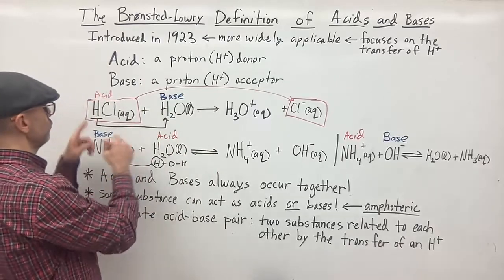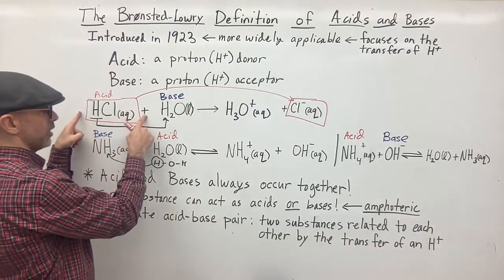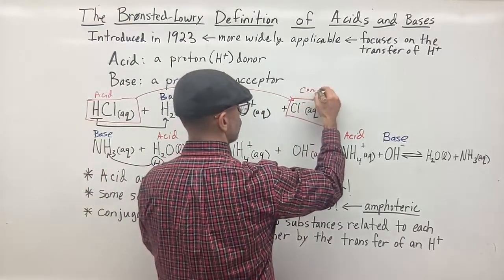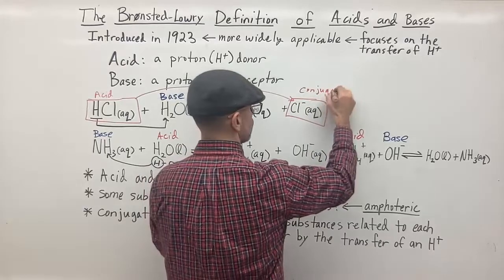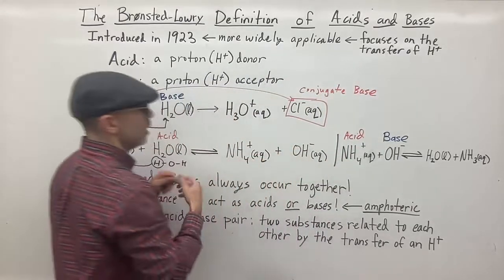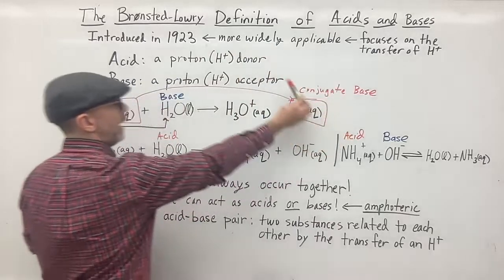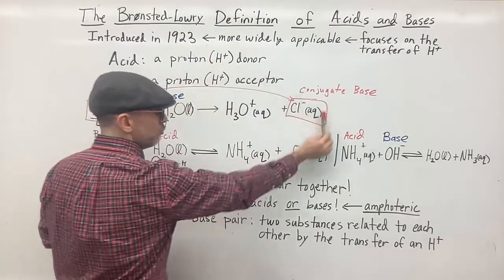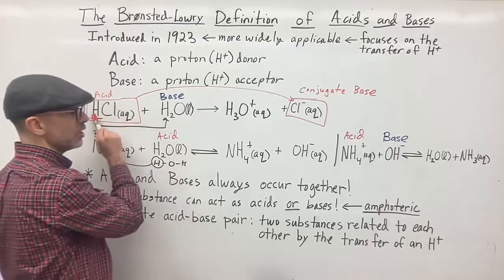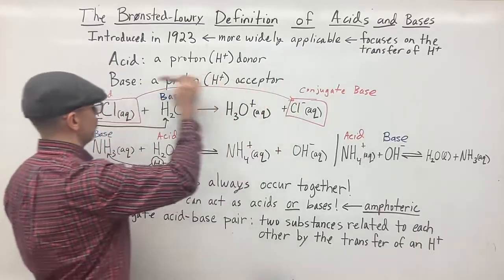So this would be your acid, and this would be the conjugate base. Why is it the conjugate base? Because if you go backwards, this will pick up the hydrogen from the H3O plus and then reform the HCl.